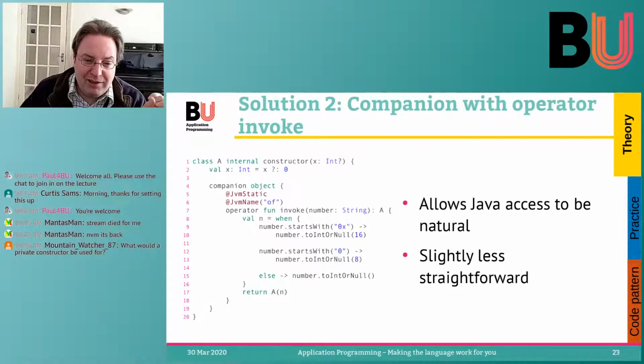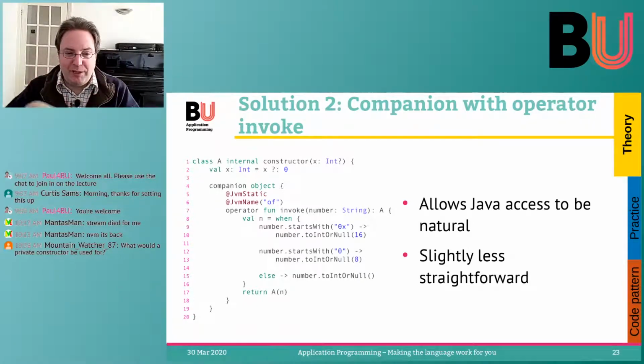So in Kotlin it thinks that this function is called invoke and it's an operator. And we want it to be an operator invoke because then we can just create it as if it is just a constructor. It looks like a constructor from the using code, not in the compiled code, but in our source code.